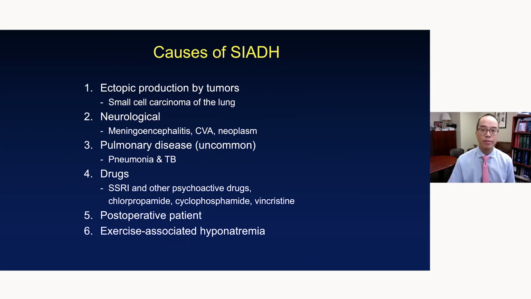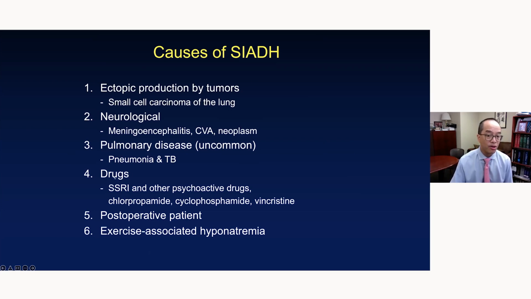So here's a reminder of the causes of SIADH: ectopic production by tumors, of which small cell lung cancer is the most common; neurologic causes, almost any intracranial pathology can cause SIADH, including meningoencephalitis, strokes, and neoplasms. Pulmonary diseases like pneumonia and TB can uncommonly cause SIADH.